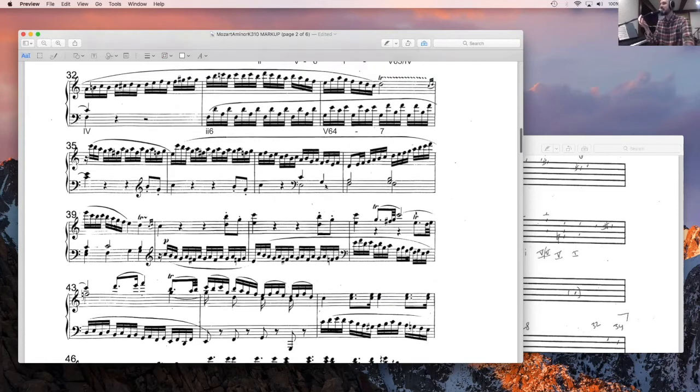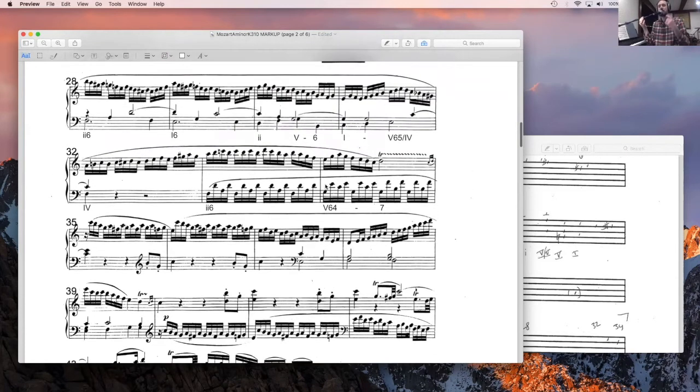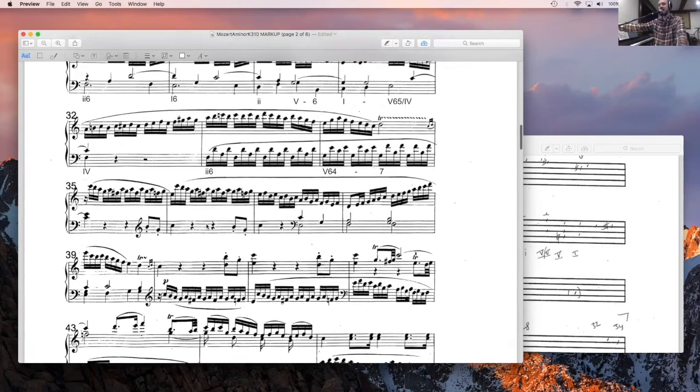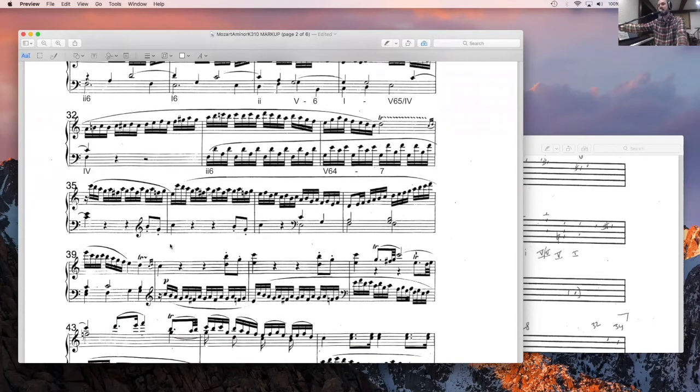So this is an example of where neither the melodic or motivic material nor the harmonic cadential material could clarify this on its own. But if we take them together, we can see the introduction of a new melodic idea after the most compelling cadence that we've had yet in this section.